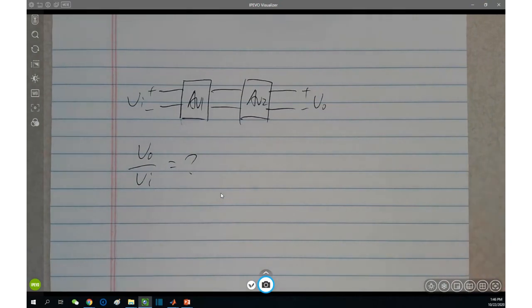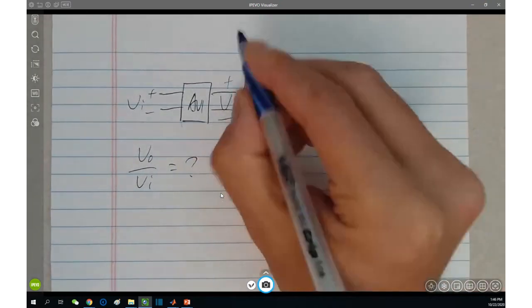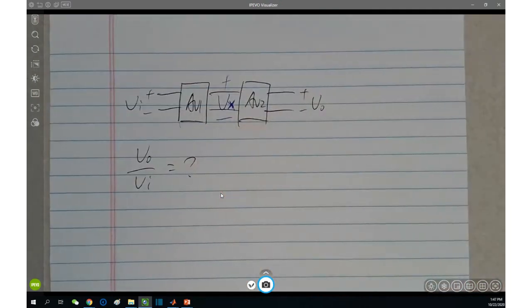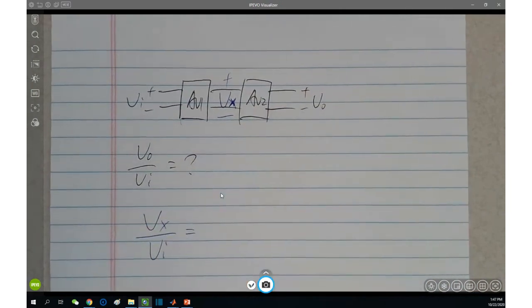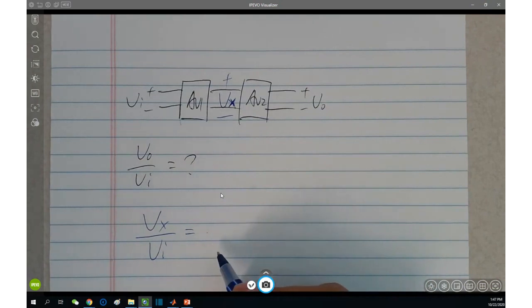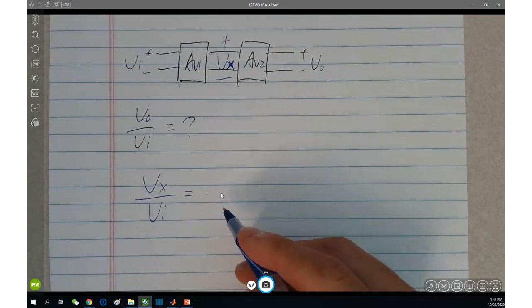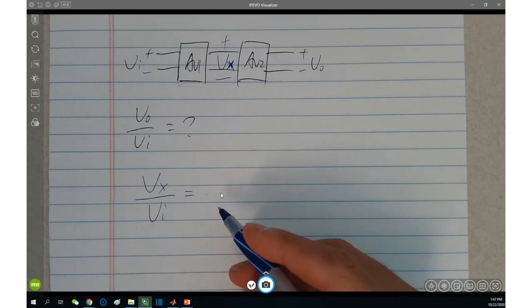All right, let's derive this. First, define the middle signal here as Vx. How about that? So first of all, Vx over Vi equals what?